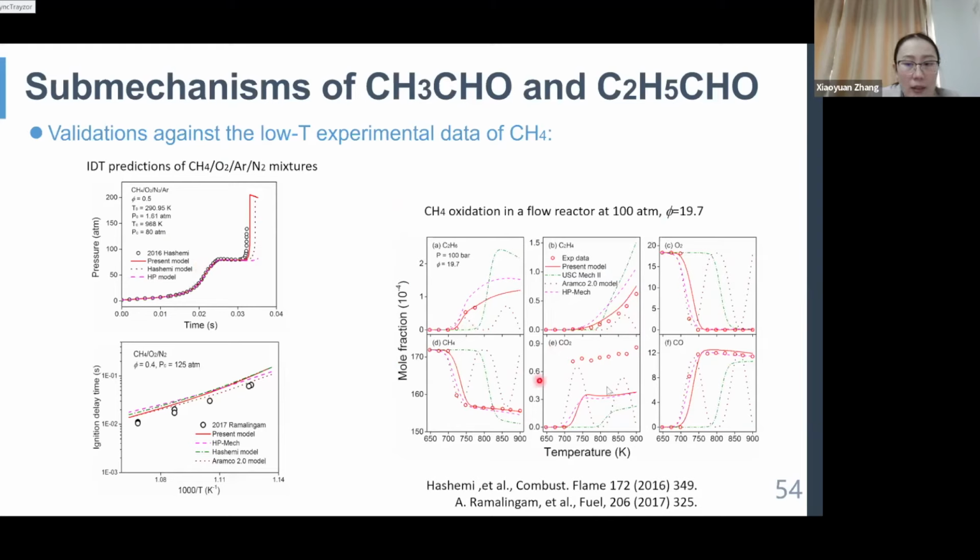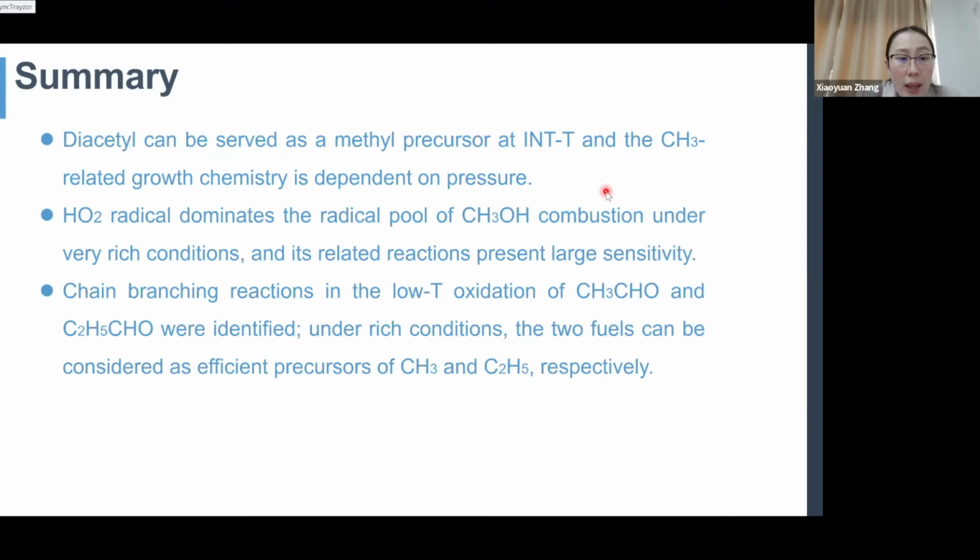In this part, we developed a methyl-related growth mechanism and used it to review the pressure dependencies of benzene formation. In the second section, we focused on the CO, CH2O and the methanol base mechanism.